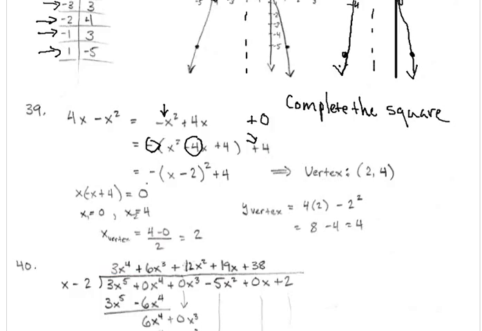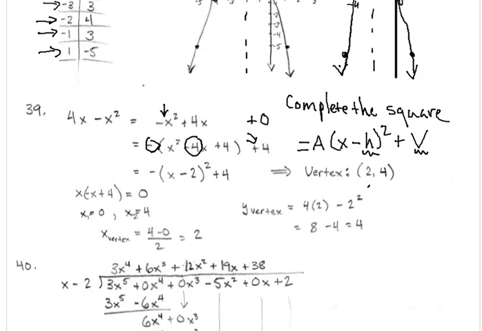This is the form of the parabola as a times x minus h squared plus v. My parabola's vertex always sits at h comma v, so my parabola's vertex is at 2 comma 4.